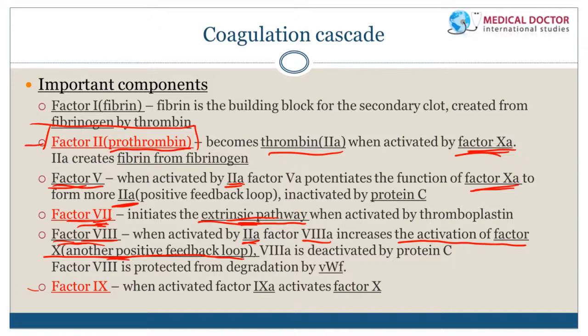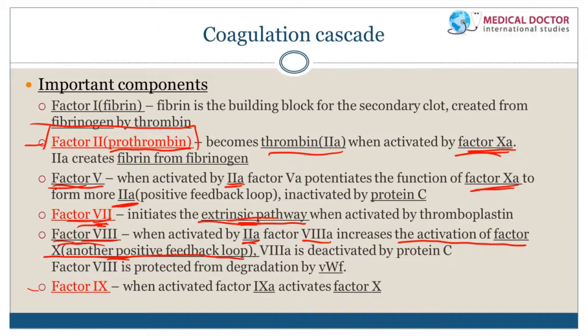Now, this means that we have another positive feedback loop, but now not working on activated factor 10, but inducing the activation and the formation of more active factor 10, which would lead at the end point to increased production of activated thrombin or factor 2.